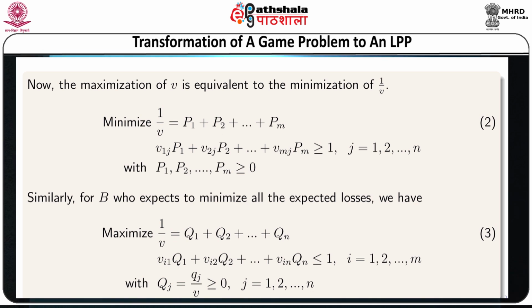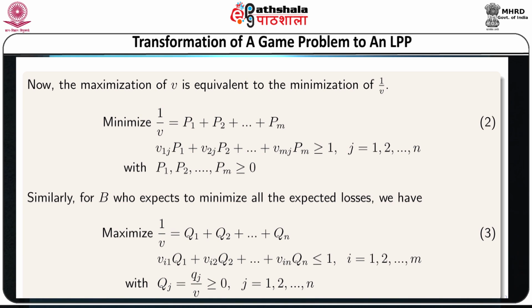Similarly, for B, who wants to minimize the expected losses, we can write the problem in the form: maximize 1 by V equal to Q1 plus Q2 plus dot dot dot plus Qn, subject to Vi1 Q1 plus Vi2 Q2 plus dot dot dot plus Vin Qn less than or equal to 1 for i equal to 1 up to m.